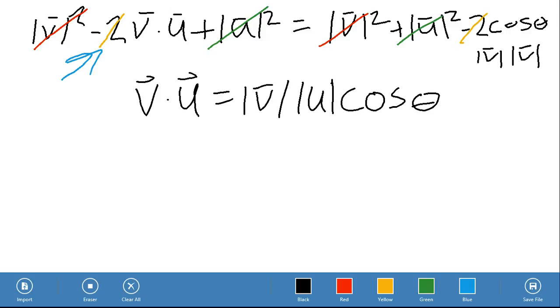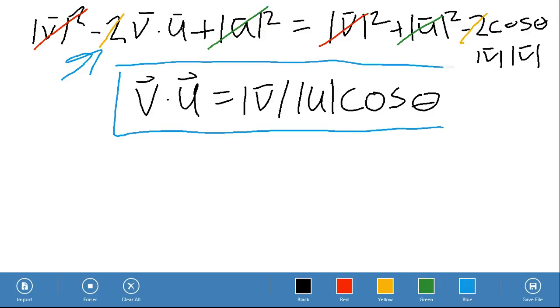It should be pretty straightforward, because this is a well-known property of dot products, and it's actually a very useful property, because given 2 vectors it can tell you what the angle in between them is, or if you're given one vector and the angle in between them, then you could find the length of the other vector. I think you could do that.